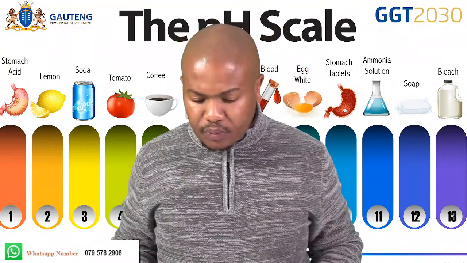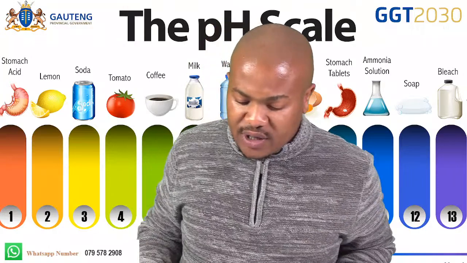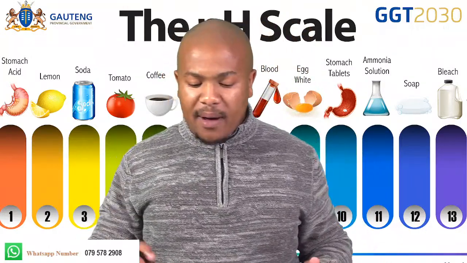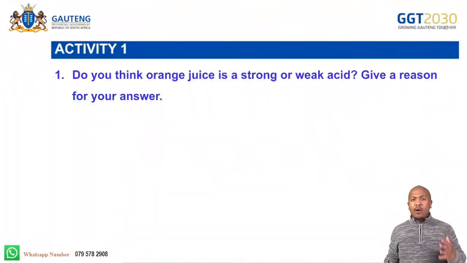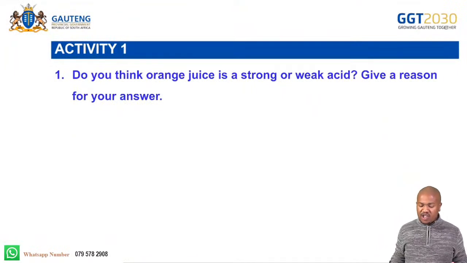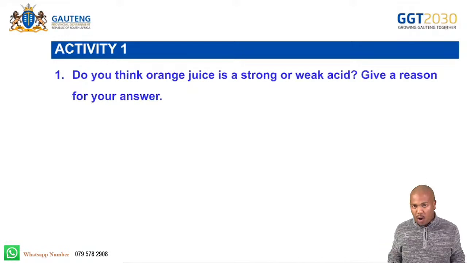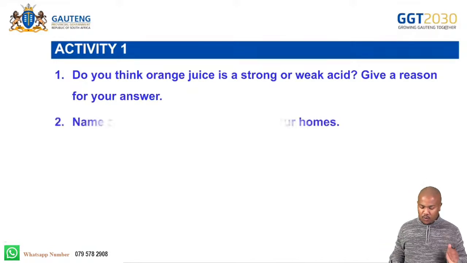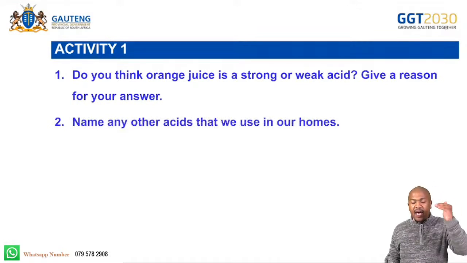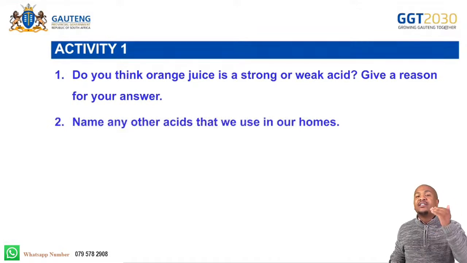So now, we are going to mark together. Let's remember what our questions were. Number one was: do you think orange juice is a strong or a weak acid? Give a reason for your answer. Number two, name any other acids that we use in our homes.